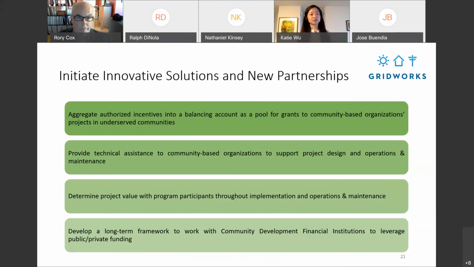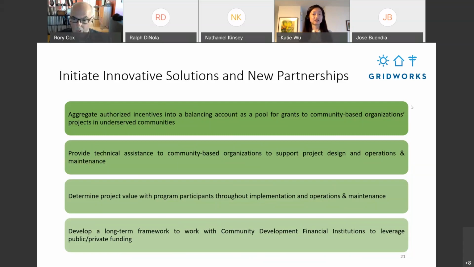It's important also to provide technical assistance to community-based organizations. They often are not funded for program implementation and are likely understaffed already. So either leverage the existing workforce to provide that technical assistance or invest in the workforce within community-based organizations to support project design and ongoing operations and maintenance.